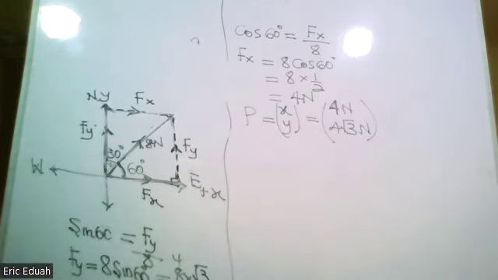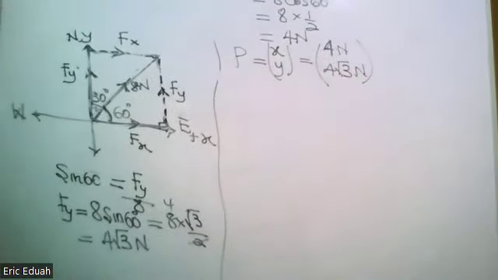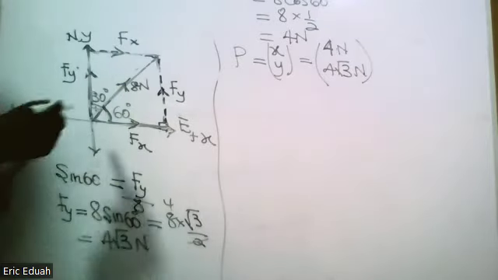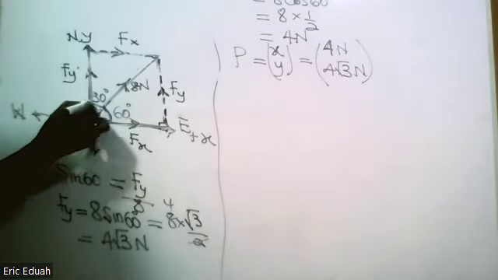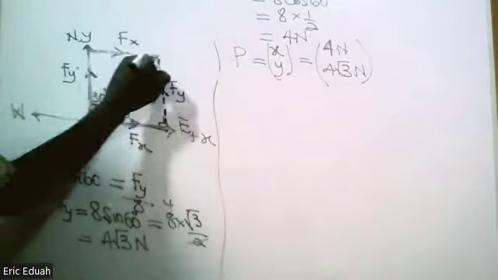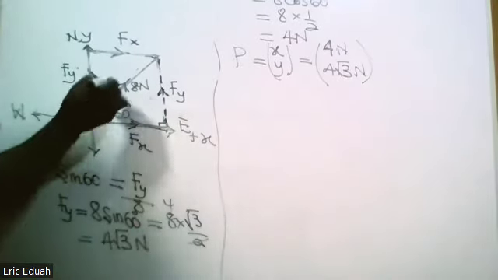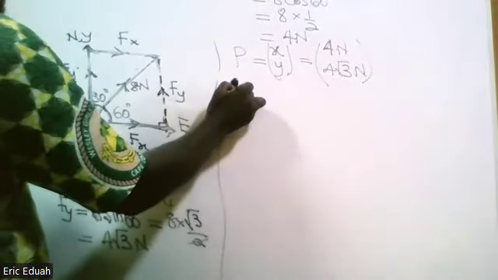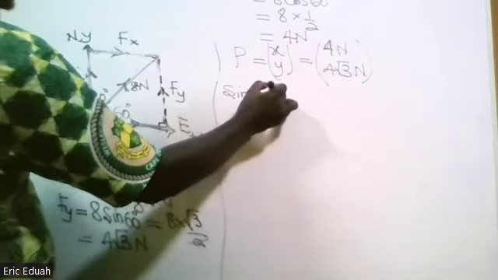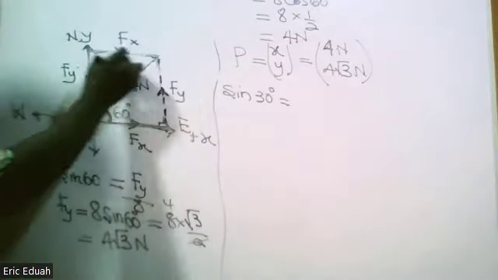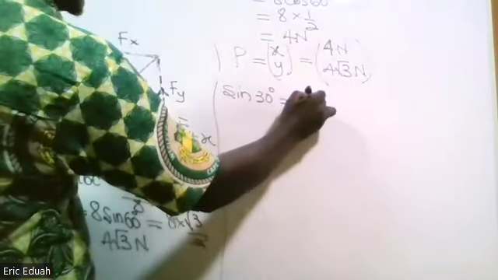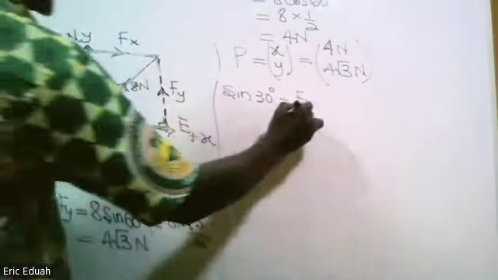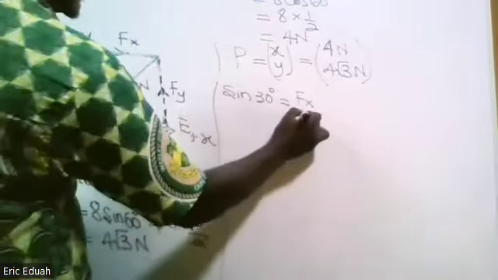Now, if I use the other complementary angle, which is 30, let's use 30. If I use 30 and I'm looking for this side, Fx, this is the opposite to this angle. So sine of 30 would be equal to opposite, which is Fx, over hypotenuse, which is 8.